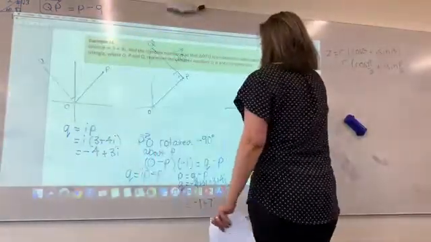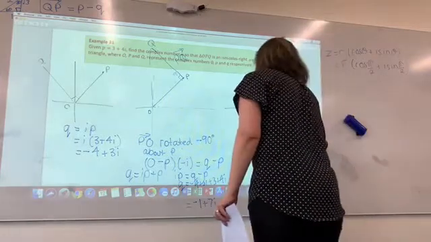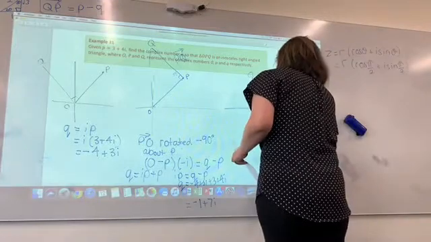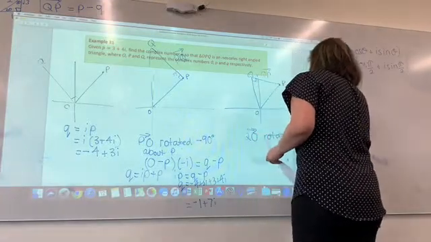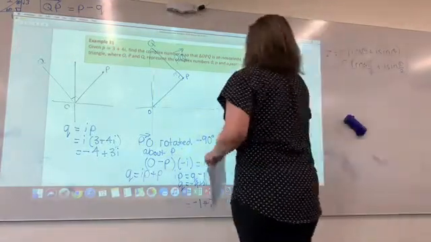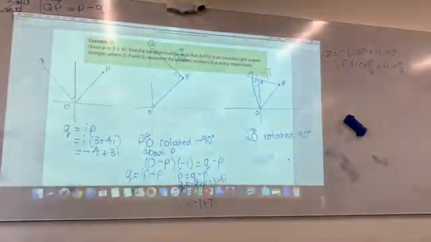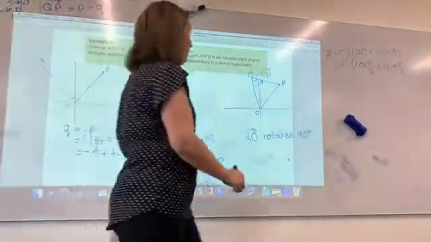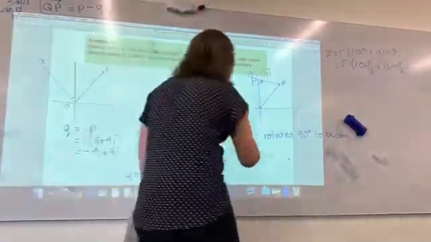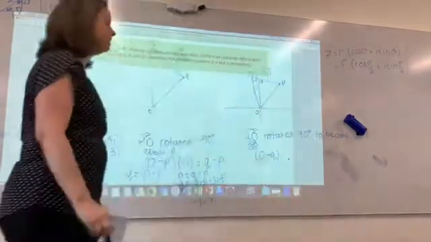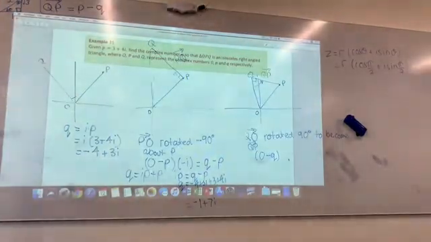So if we have from Q to O, so the vector QO, rotated 90 degrees. Now we're going 90 degrees in the anti-clockwise direction to become QP. So Q to O is 0 minus Q. We're rotating 90 degrees, so what are we multiplying that vector by?